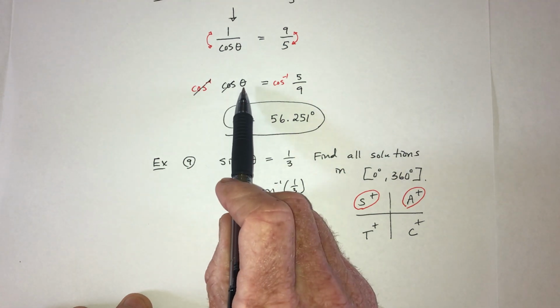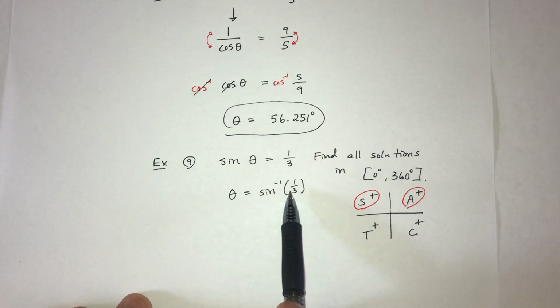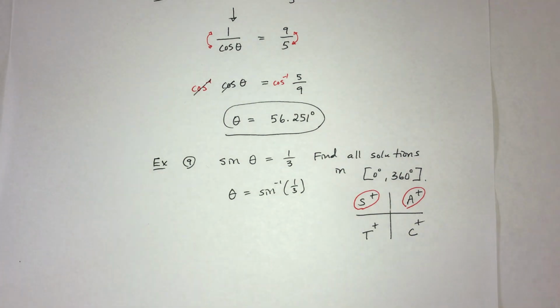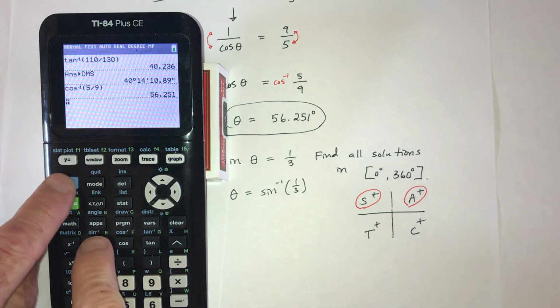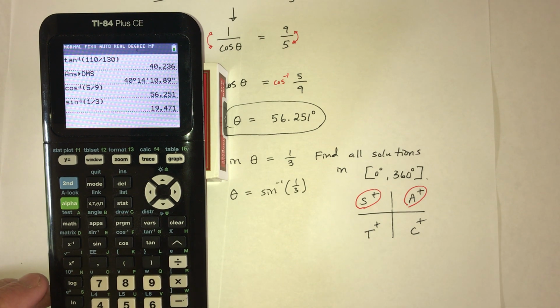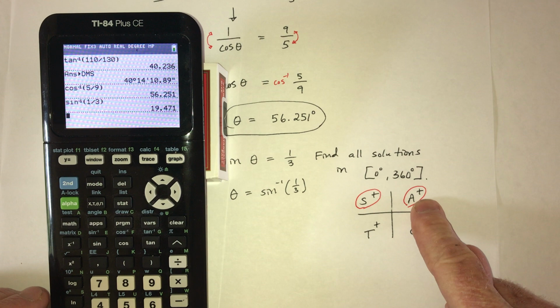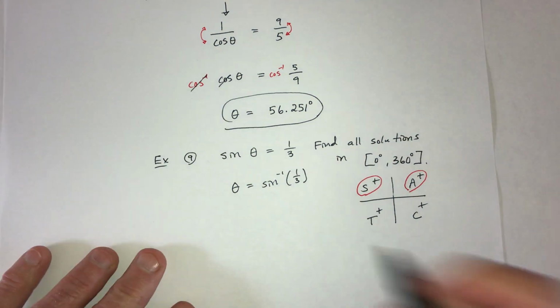Or you could just skip to that part. Theta equals sine inverse of the fraction. So what does the calculator say about that? Sine inverse of 1/3. And it gives me the smallest answer. So it's giving me the answer in quadrant 1, 19.471 degrees.